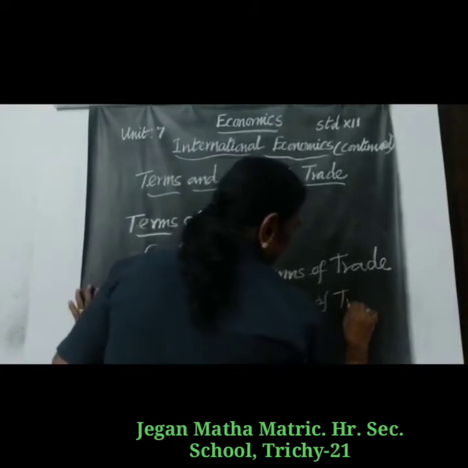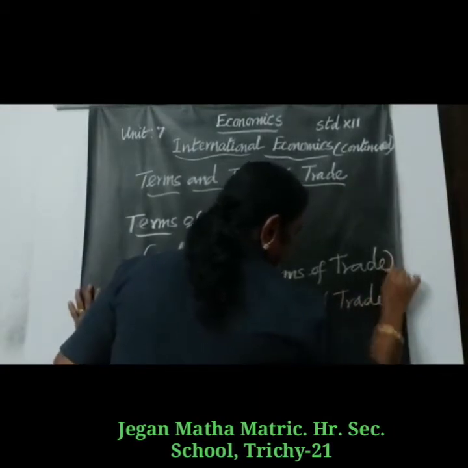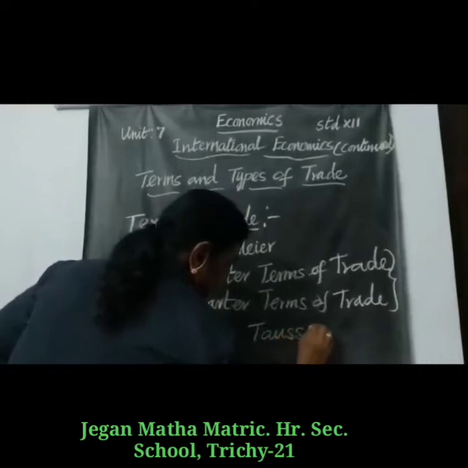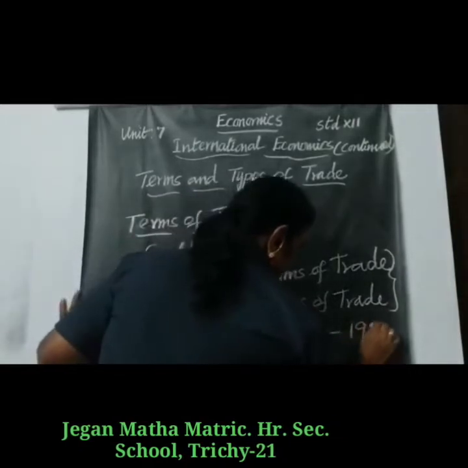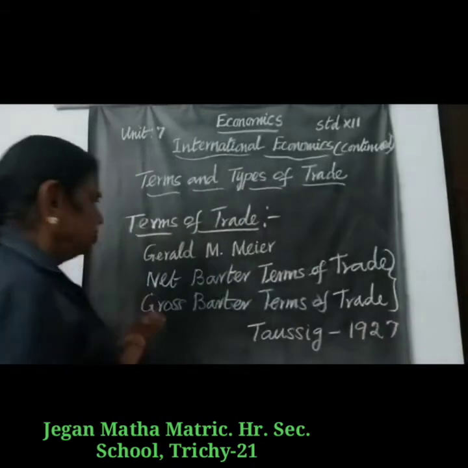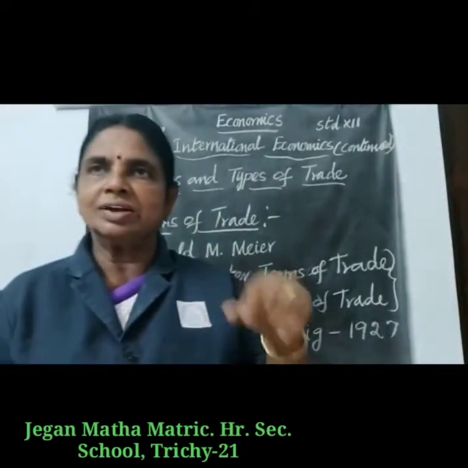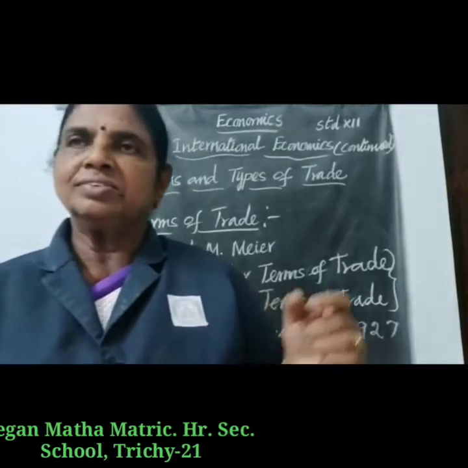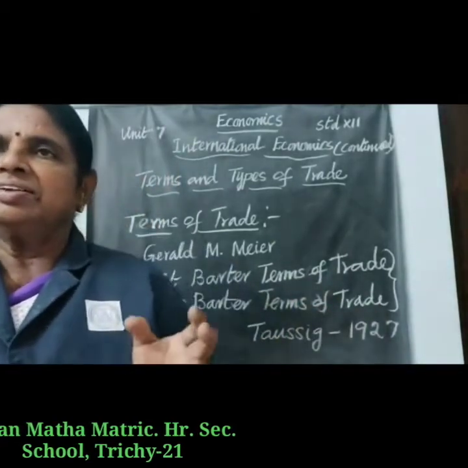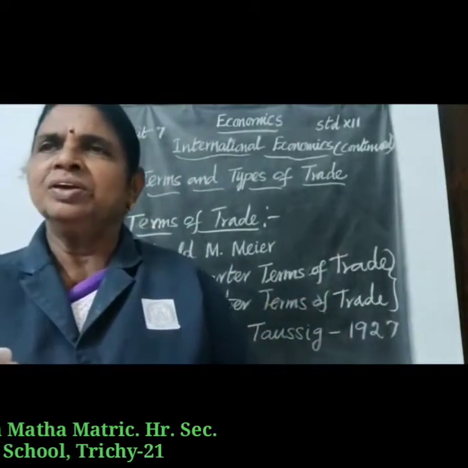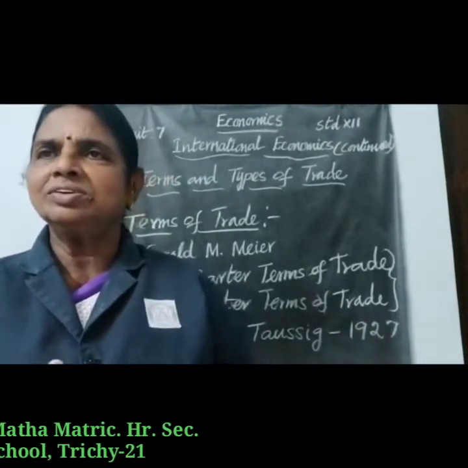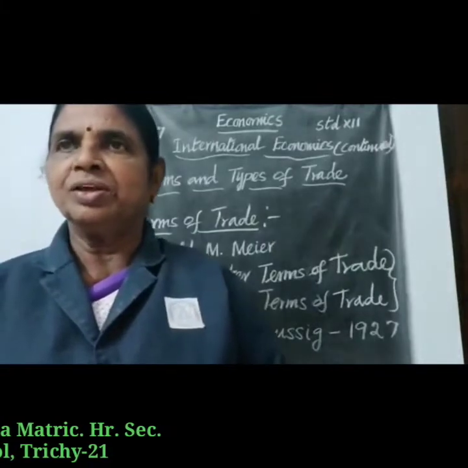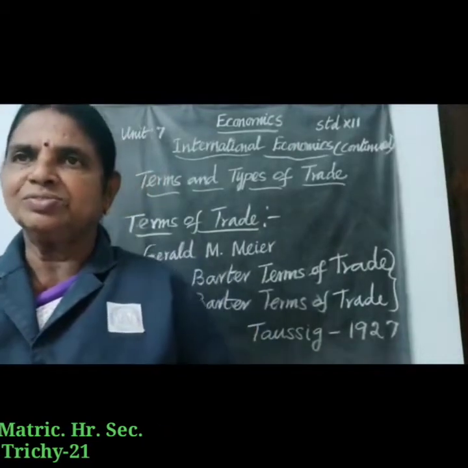Both were given by Taussig in 1927. So there are three classifications under the ratio of exchange between commodities: first, net barter terms of trade; second, gross barter terms of trade; and third, income terms of trade, given by G.S. Dorrance.